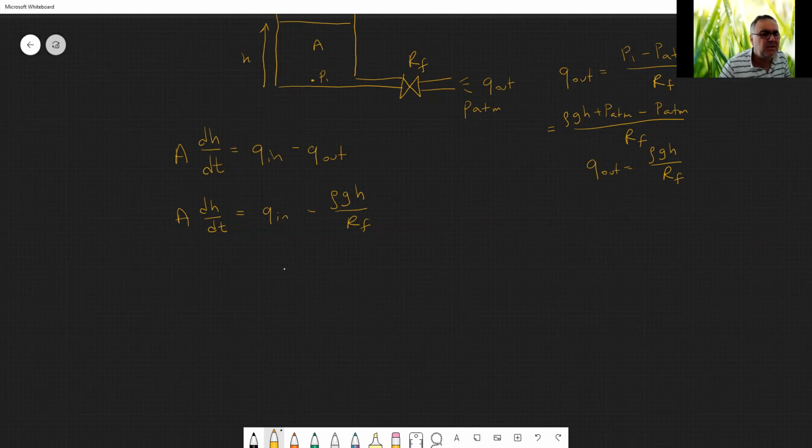And I'll do something. Carrying this RF around all the time is a little bit cumbersome. So I will define for the heights 1 over R is going to be rho g over RF. Okay. So R is equal to, if you like, what will it be? RF over rho g, right?